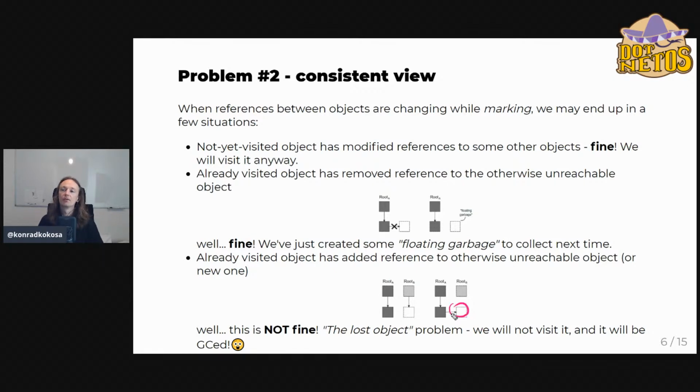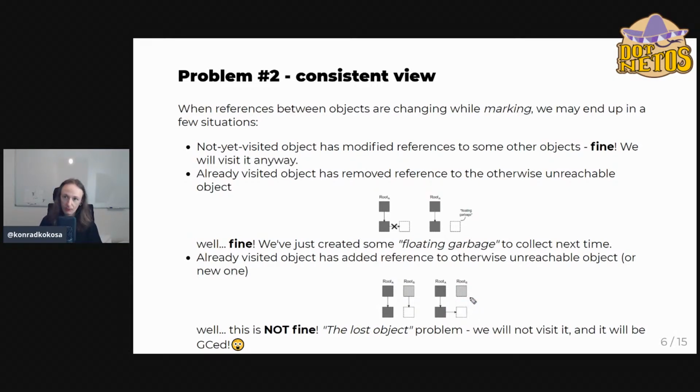We are just creating a very dangerous lost object problem. We will just lose this object. It will not be marked, it will be garbage collected, and the world will be exploding because we will try to use an object that has been garbage collected, because obviously this is a valid reference, so we expect that someone will be using this object while it will be garbage collected.